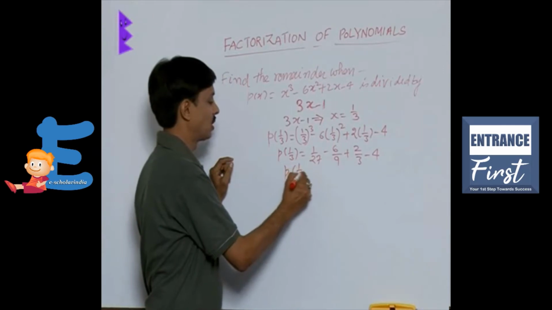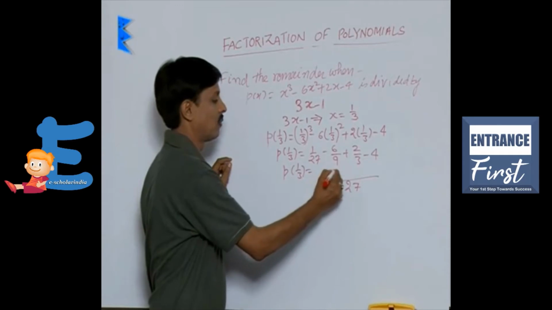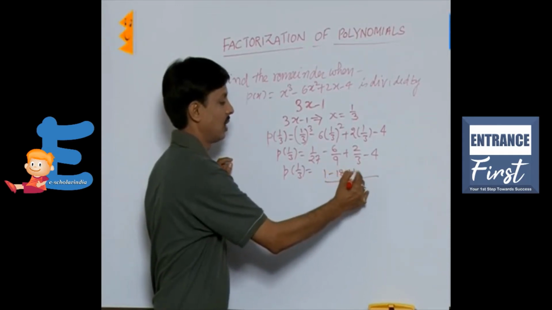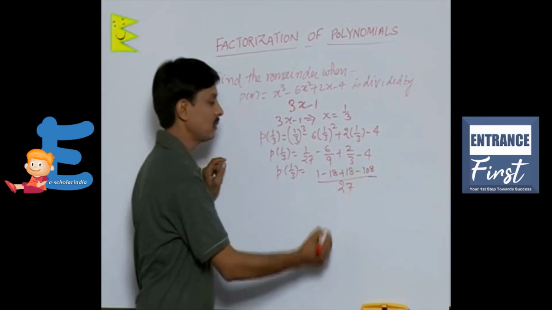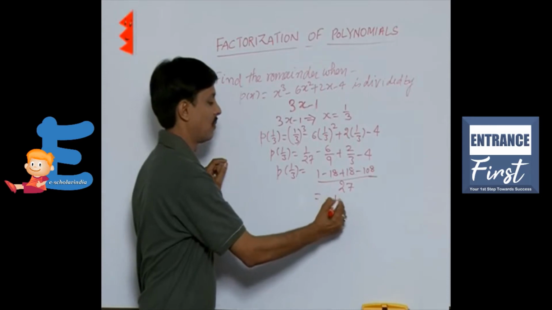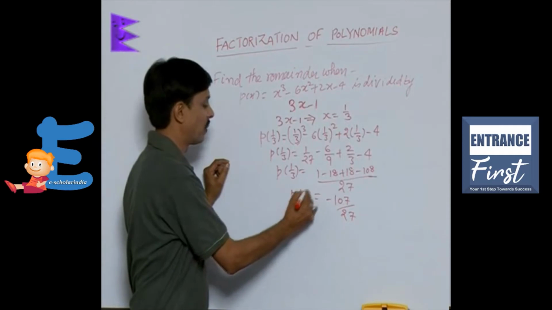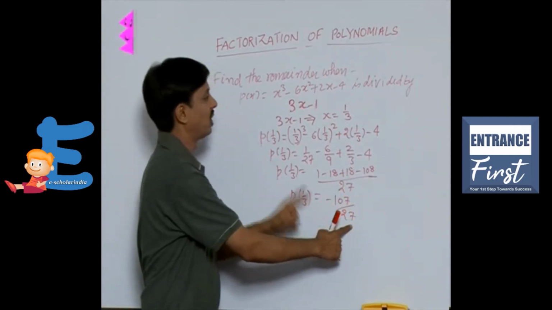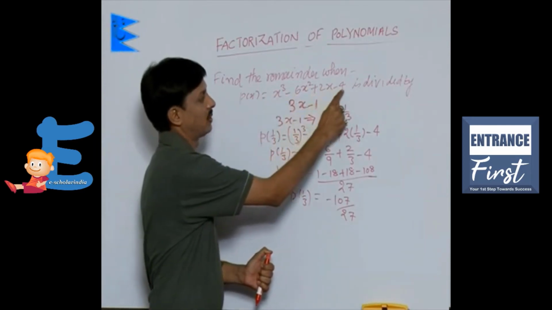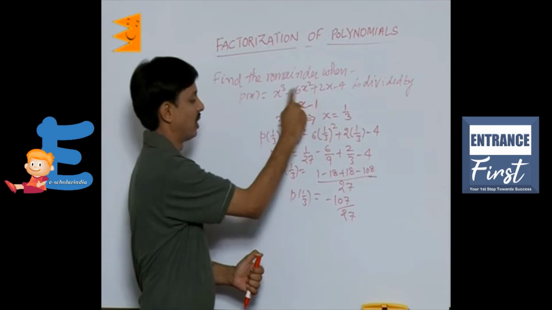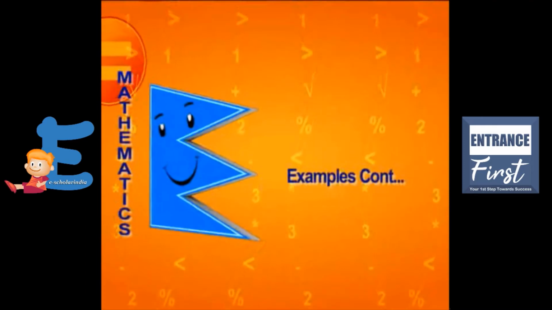So the answer of P(1/3), by taking 27 as LCM, becomes 1 minus 18 plus 18 minus 108. So I can say this becomes minus 107 upon 27. So you can conclude that when x cube minus 6x square plus 2x minus 4 is divided by 3x minus 1, the remainder is minus 107 upon 27.